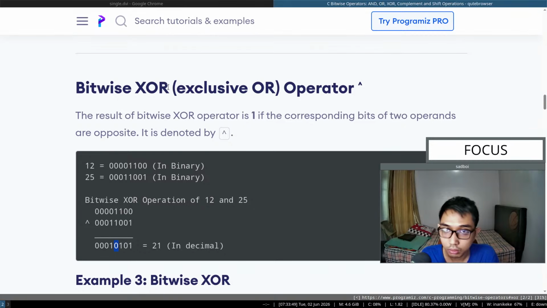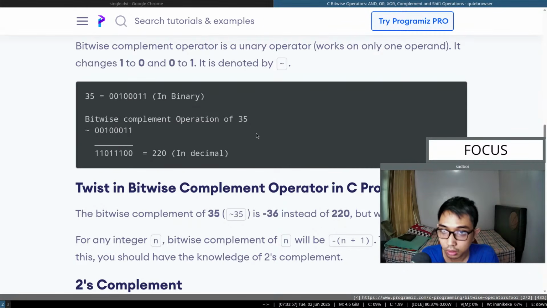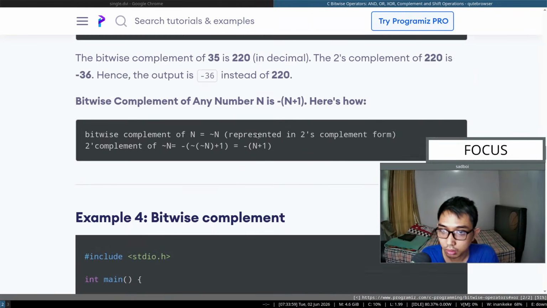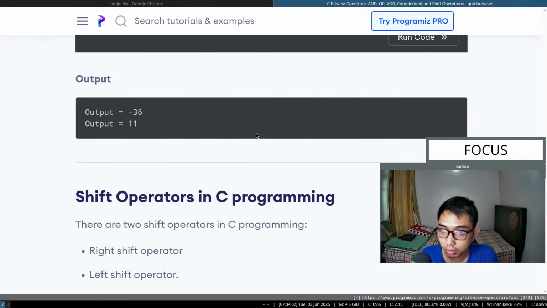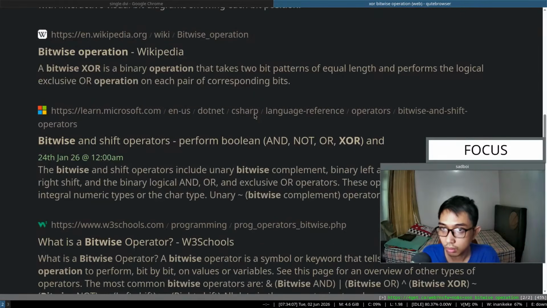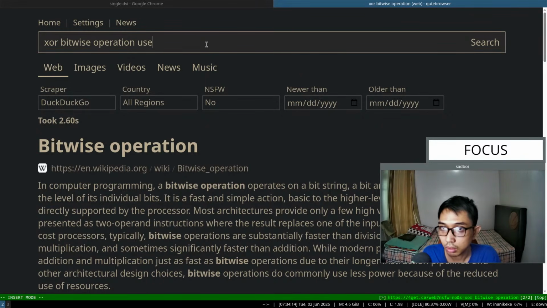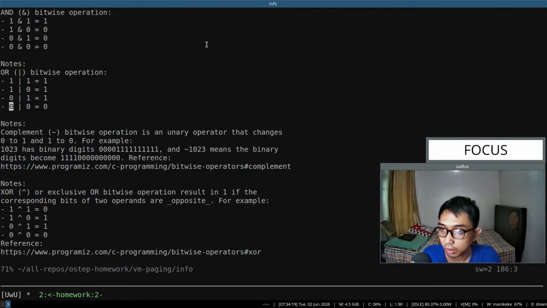Yeah, I'm kind of curious, what do we use the exclusive OR operator for here? Operation used for the OR bitwise operation here, right?